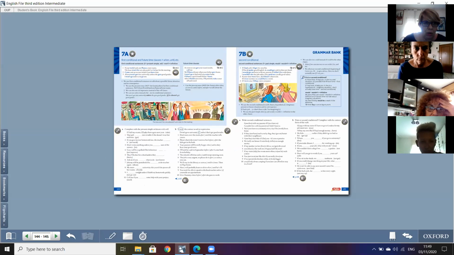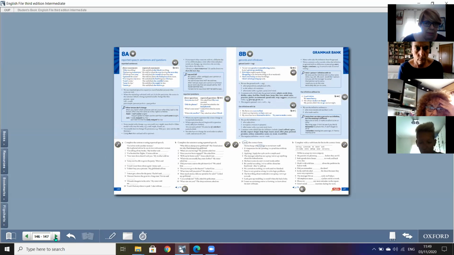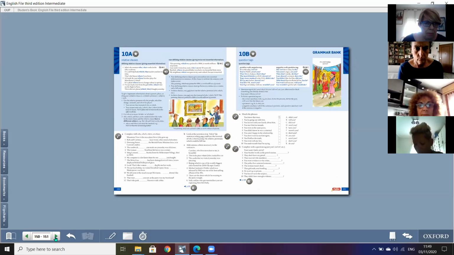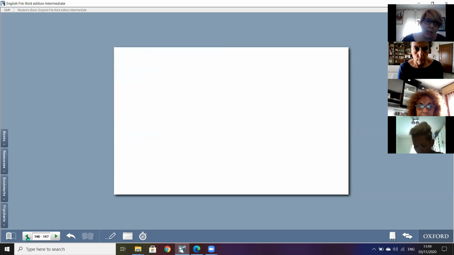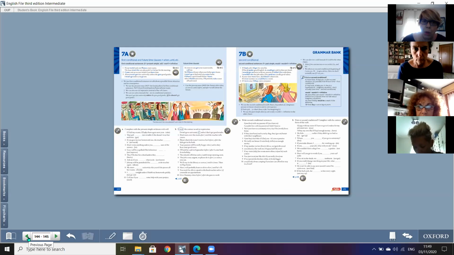Poi inizia con le future clause, va bene, fa altre cose di... E qui si ferma. Tutte le altre cose che io vi ho detto le troveremo nel libro nuovo.